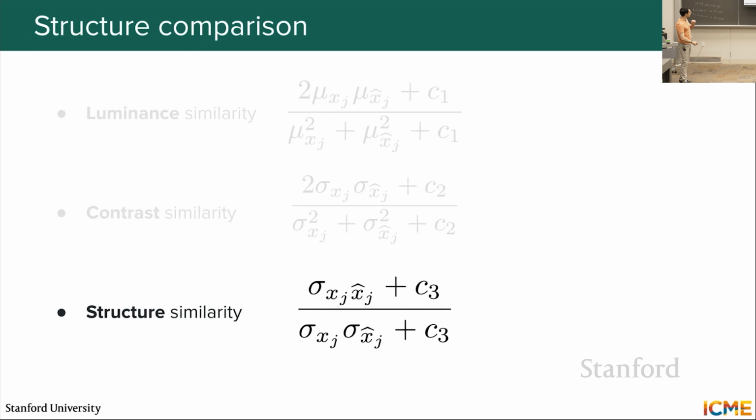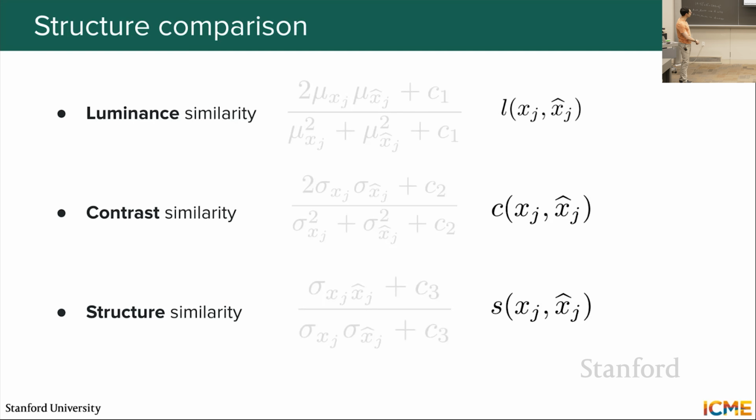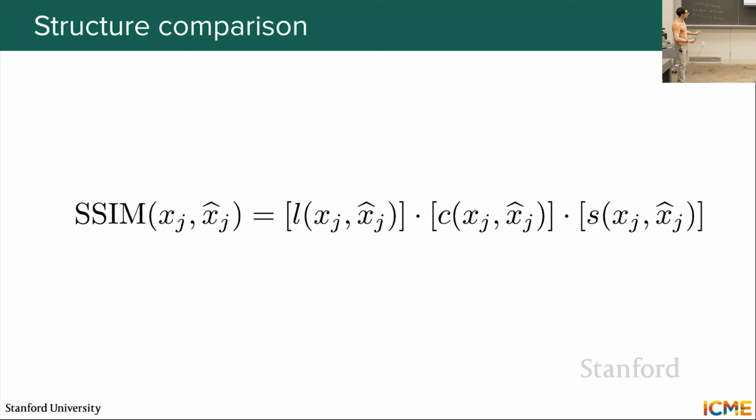So let's assume you've done that for luminance, for contrast, for structure, and just for simplicity, let's note them L, C, and S. What we're doing is we're just multiplying everything. So if things are similar, they're equal to 1. If things are not similar, then L is equal to 0, C is tending to 0, and S, the correlation, is tending to -1.